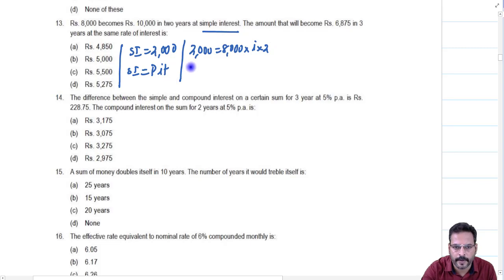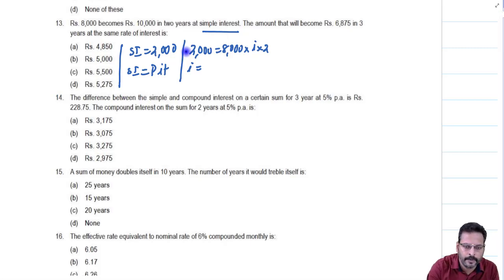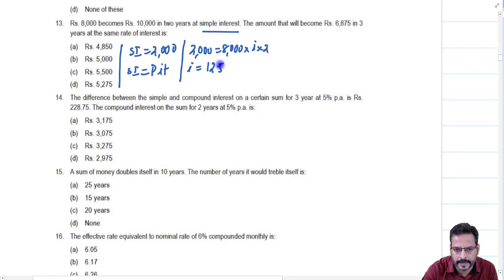So I is equal to 2,000 divided by 16,000, which is 12.5 percent.